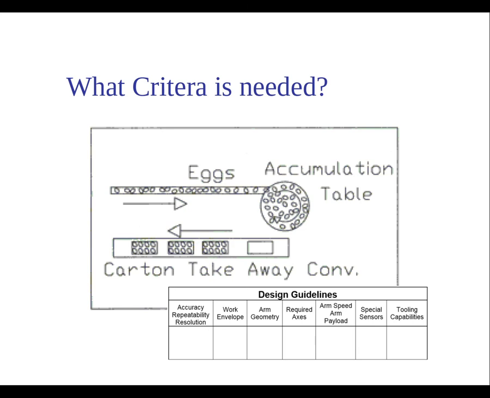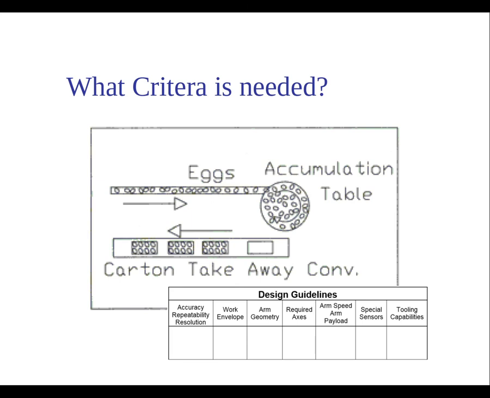All right, so this is our task, and obviously we've got eggs which are kind of fragile. They're a weird shape, so we might need a special gripper to pick them up and be able to manipulate them.